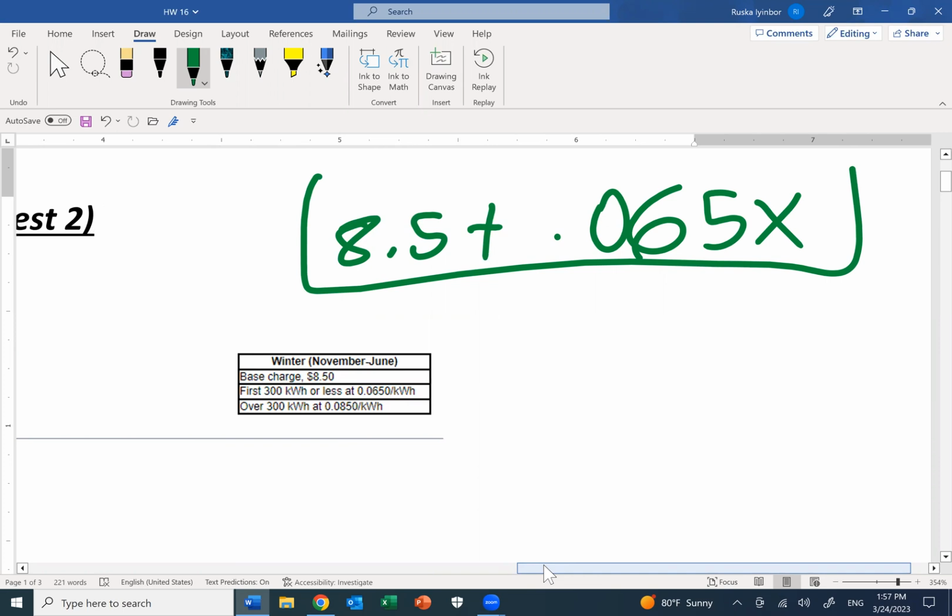300 kilowatts. So now what happens above 300 kilowatts? Here we're going to have a different charge, which is 8.5 cents per kilowatt. And we also need to set up the equation. So how do you do that? We're going to calculate how much it's going to cost us to use more than 300 kilowatts.